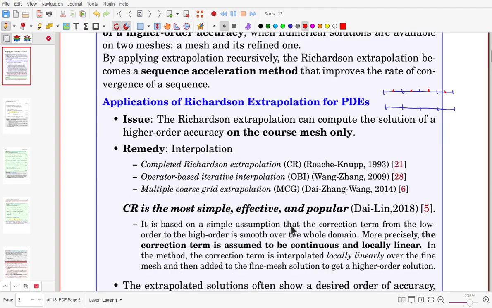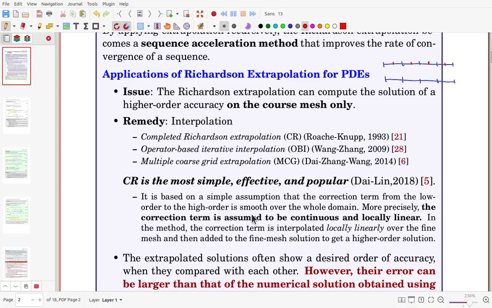The method is based on a simple assumption that the correction term from the low order to the high order is smooth over the whole domain.